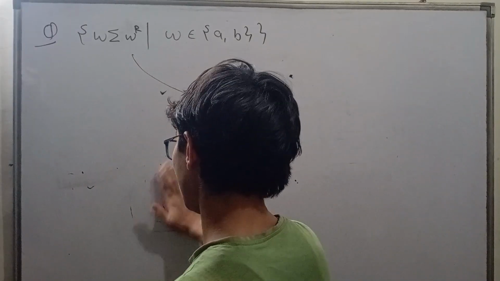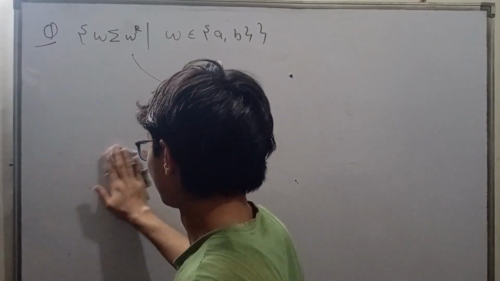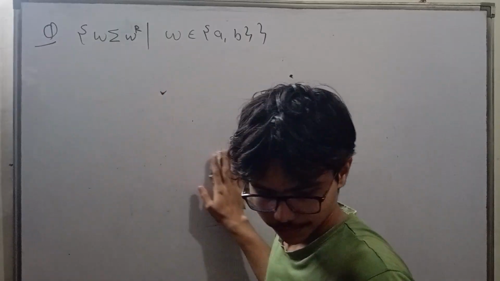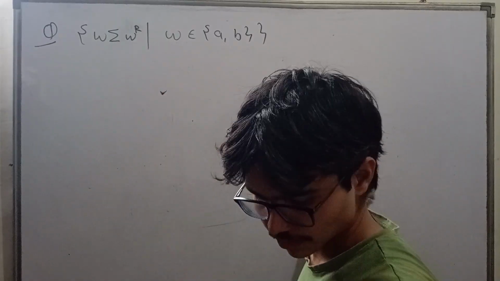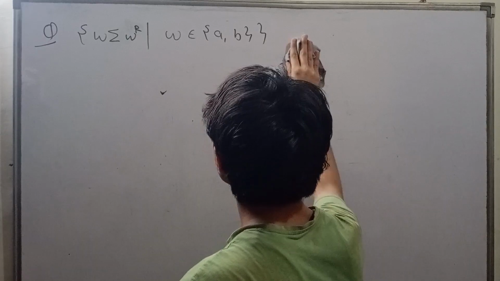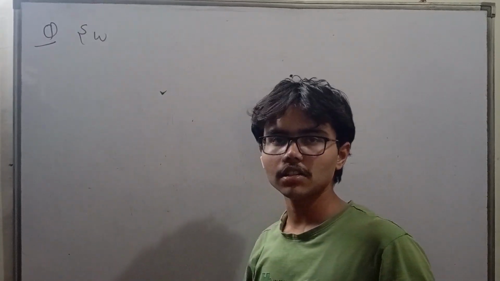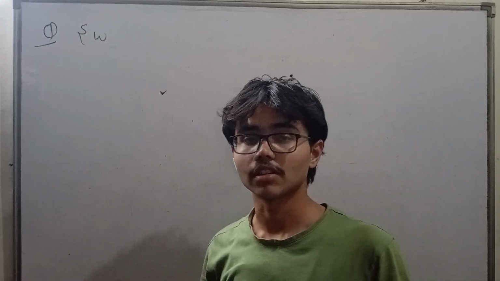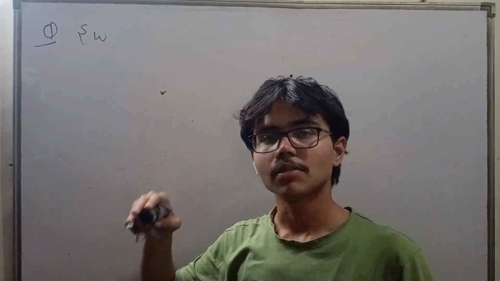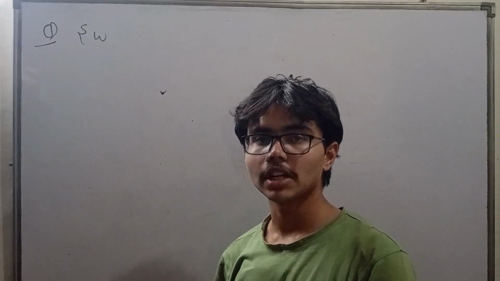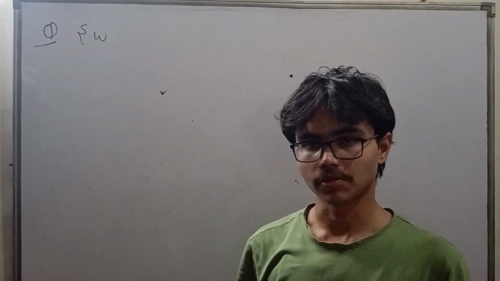Now what we have to do is write a grammar by which both even palindromes and odd palindromes can be generated.